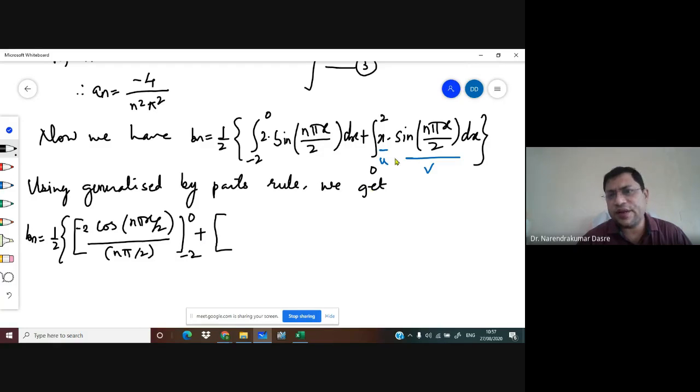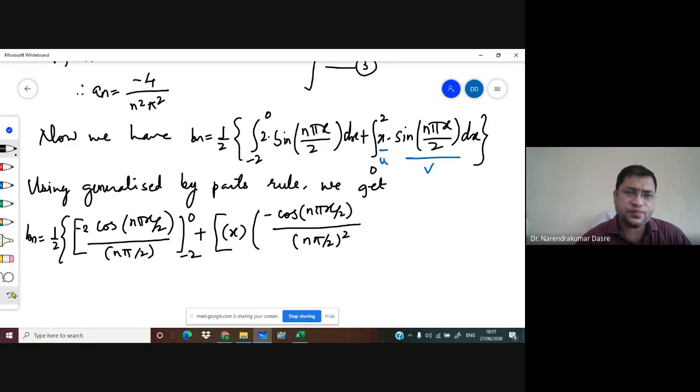Now for this integral, we have to use the generalized by parts rule. So u remains as it is, that is x. And then the integration of this term, so we have minus cos of n pi x by 2 upon n pi by 2 bracket square.